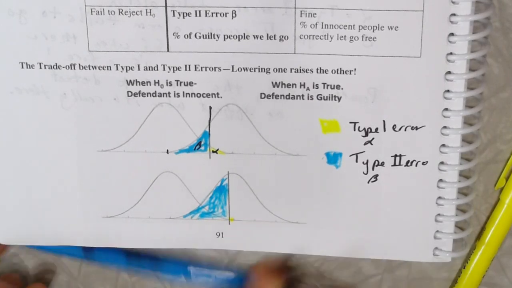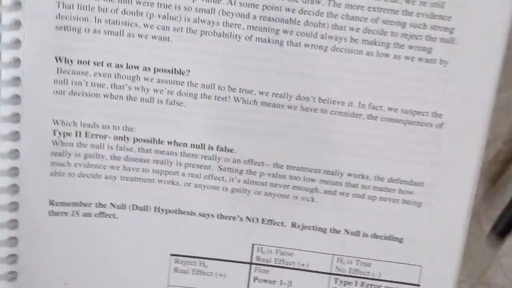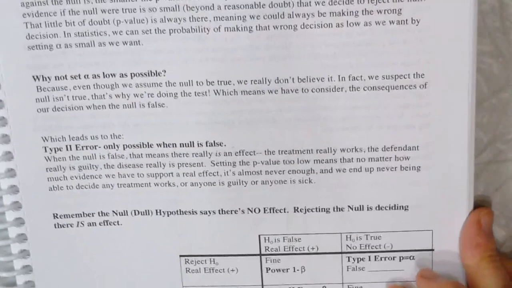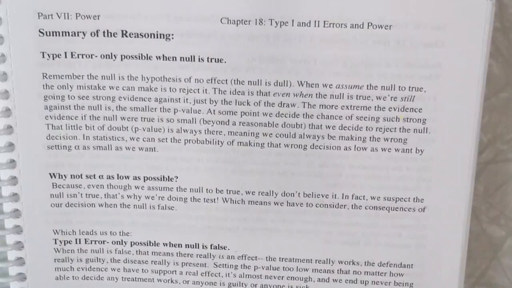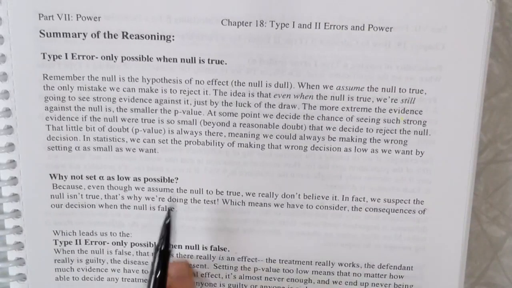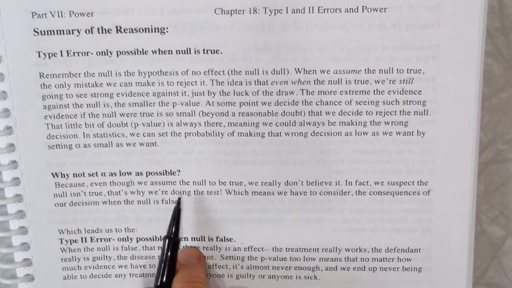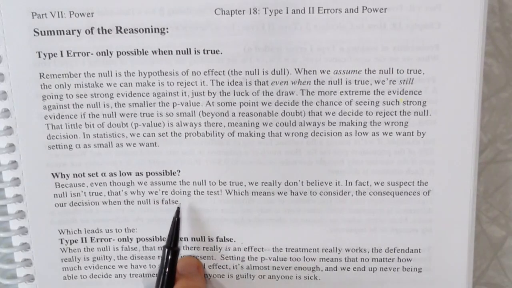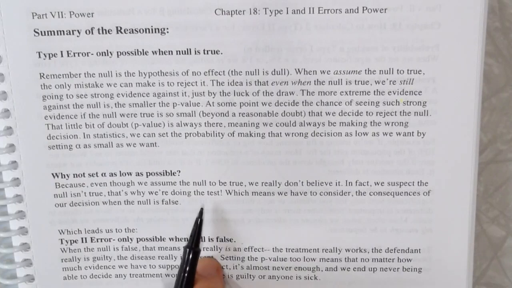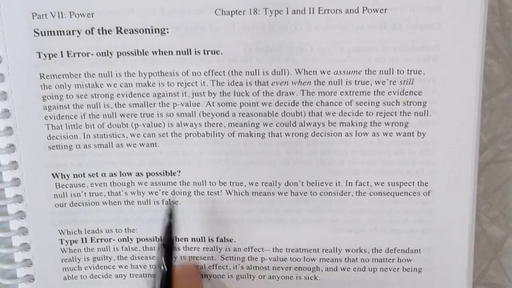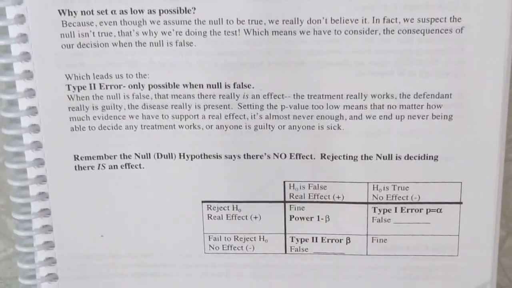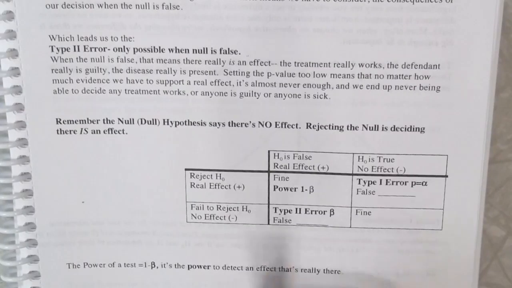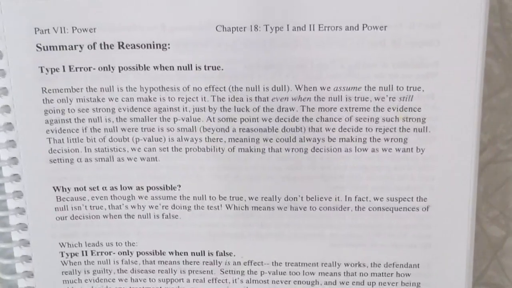Okay, so that's, let's see, what else we have to do in this chapter. So here's the reasoning behind it, what we just talked about: you want to set this type 1 error as low as possible, but at some point we have to recognize that there's a trade-off between the two. So let's see, you should read this, but we just discussed it all, it's a summary of what we just talked about.